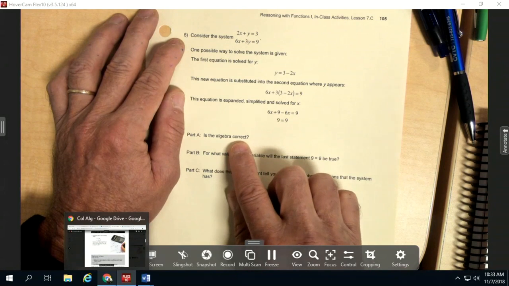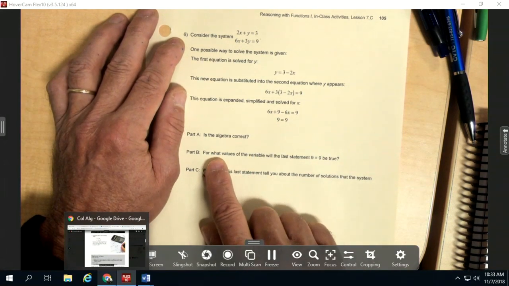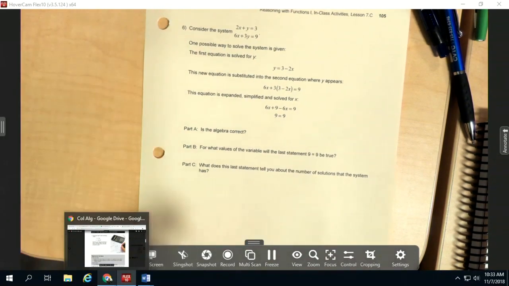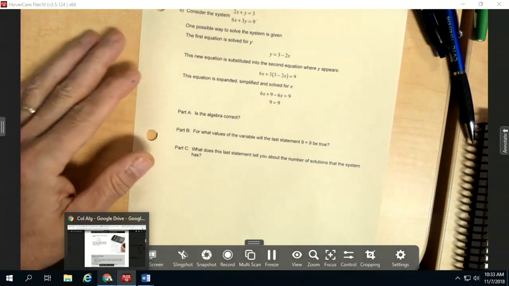When is the algebra correct? For what values will the last statement 9 equals 9 be true? It's always true, right? So any value of x will have a solution.